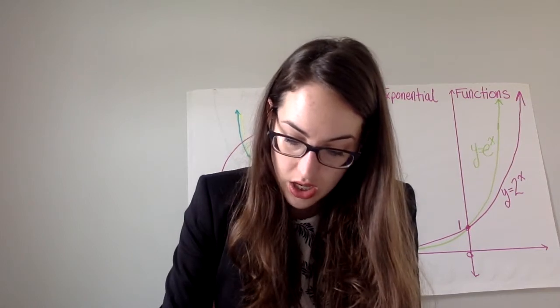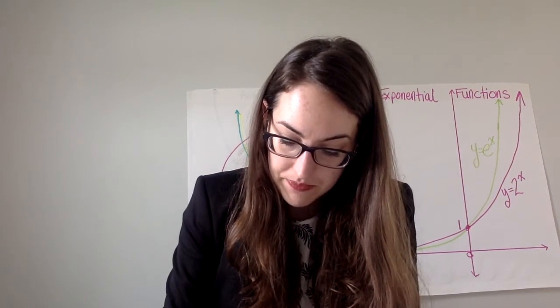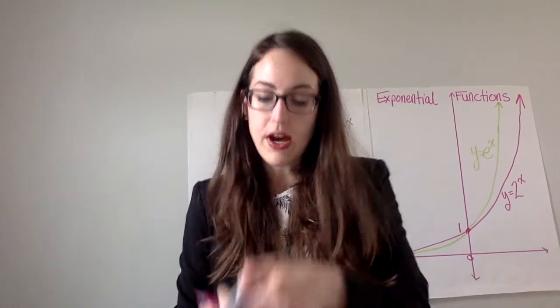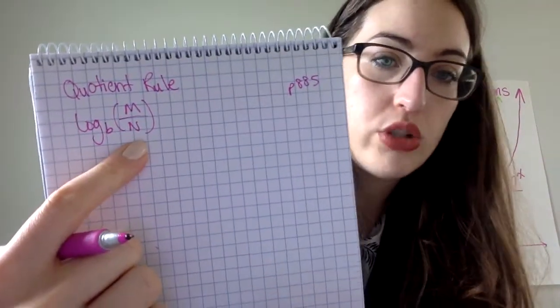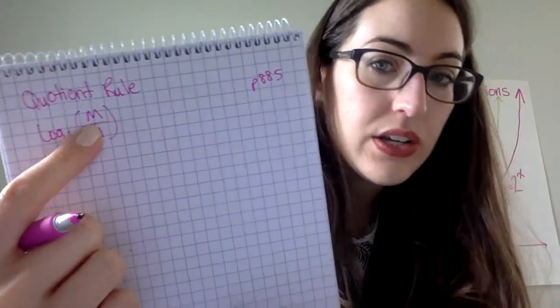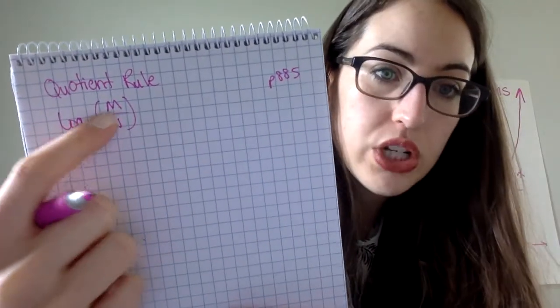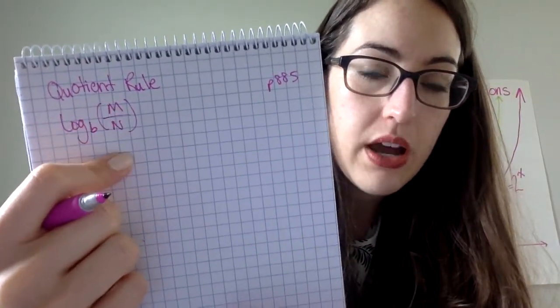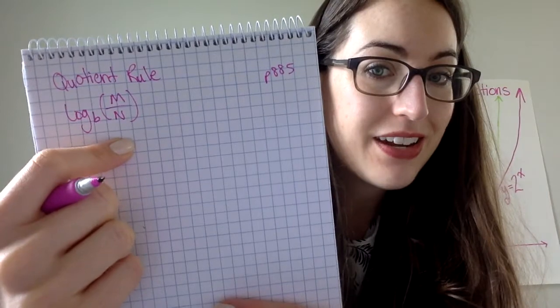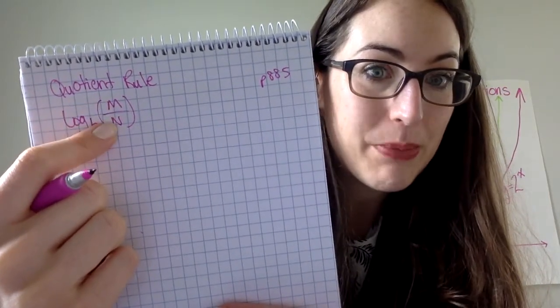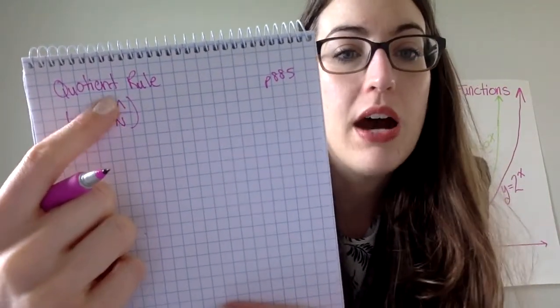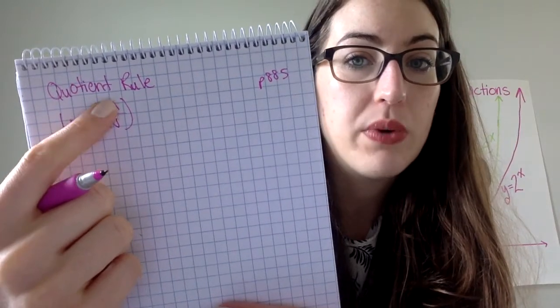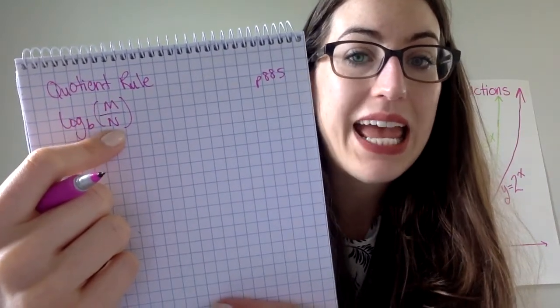When you have log base b of something divided by something else, right? That's a quotient. You may call it a fraction or a quotient line, whatever. And we could get crazy later on. It could even be a polynomial over a polynomial. But for now, it's m over n, whatever that m is and whatever that n is.